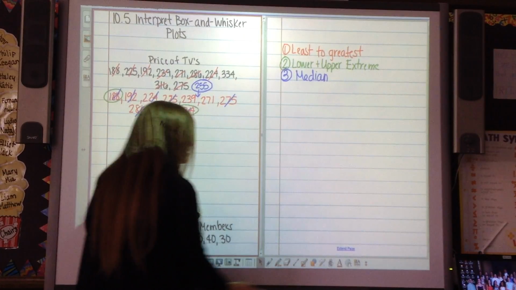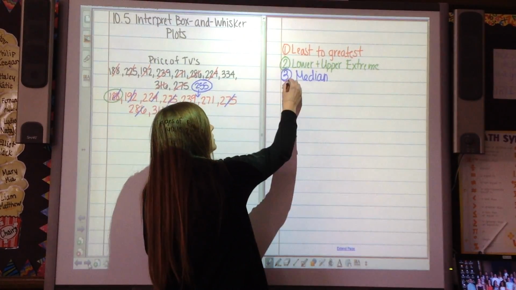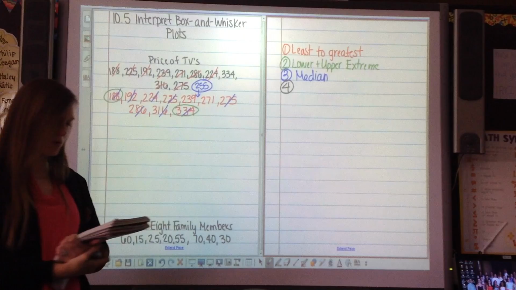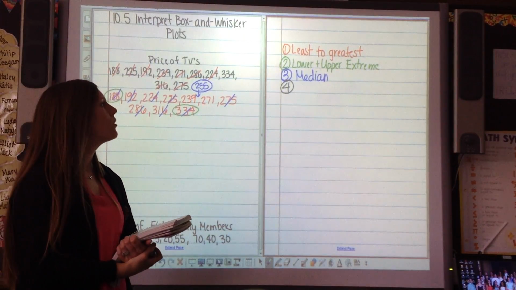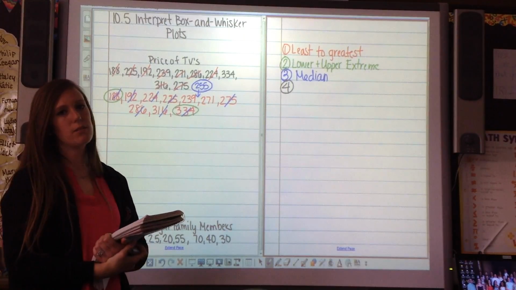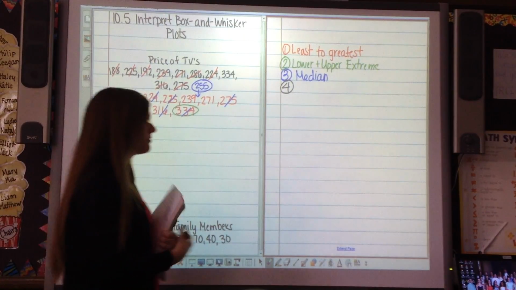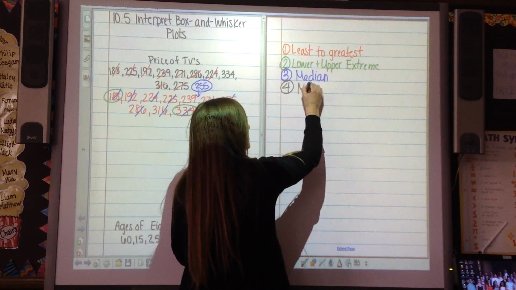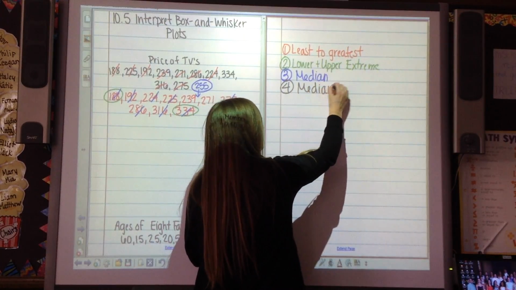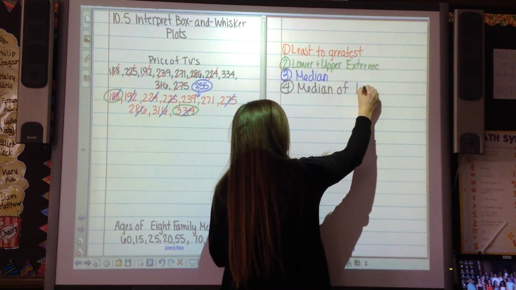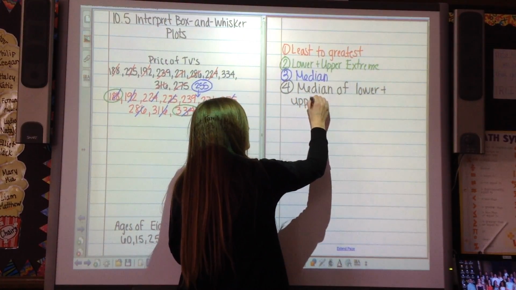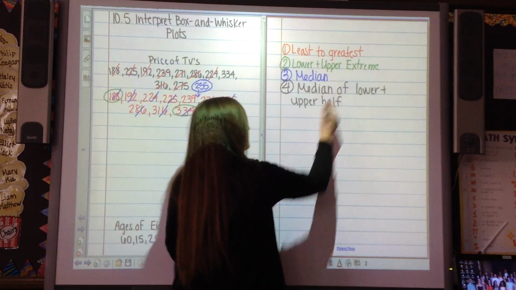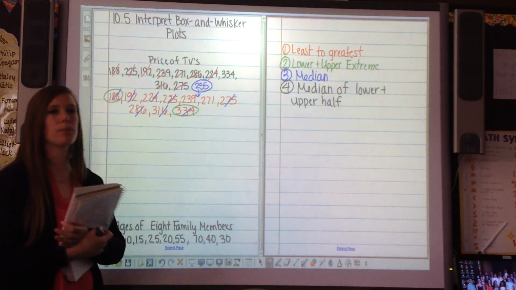This fourth step is the trickiest step. To find the first and the third quartiles, or the upper and lower quartile, you need to find the median of the upper and lower half. So this is going to be 2 numbers.